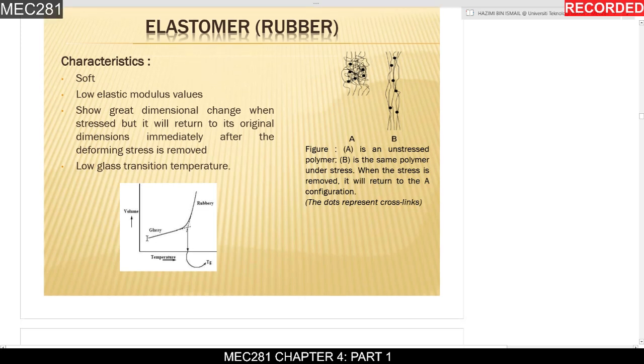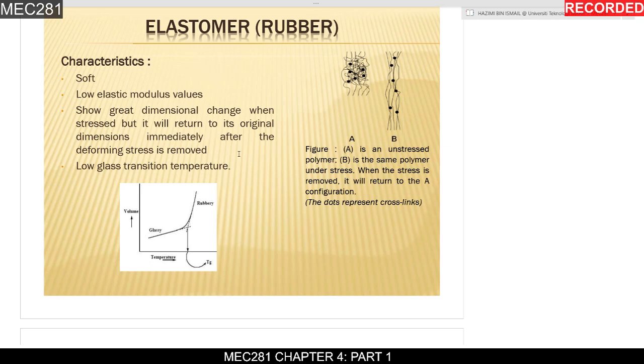So in this case, stretch until it breaks. Show great dimensional change when stressed, but it will return to its original dimension immediately after the deforming stress is removed. Dalam bahasa Melayunya, kita lentur dia mudah lentur, tapi dia mudah kembali ke bentuk asal.